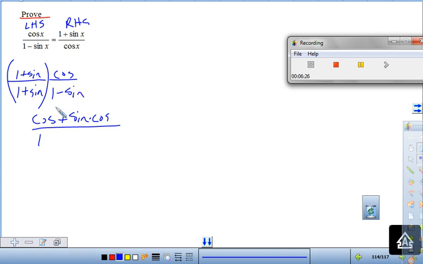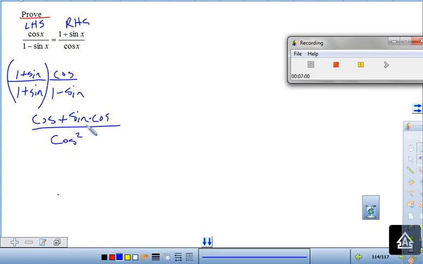That's your difference of squares. Then I have a negative sine squared. And what that will oftentimes do for you is I've now taken 1 minus sine squared, and because I multiplied by the conjugate there, I now have one of my Pythagorean identities. And 1 minus sine squared, I can simply change into cosine squared.